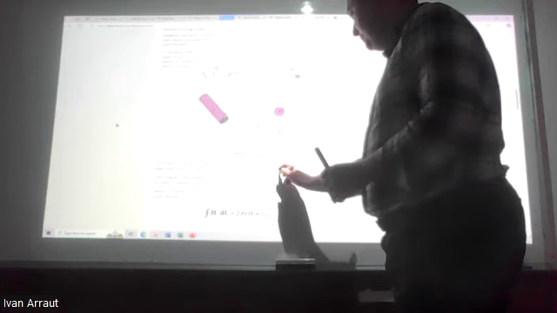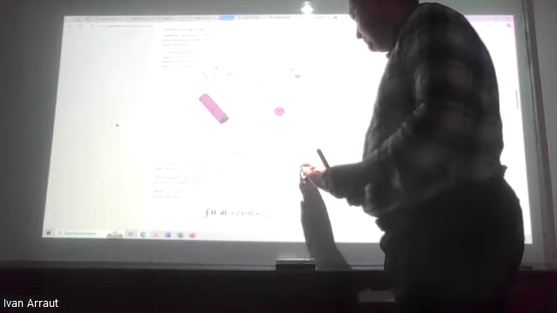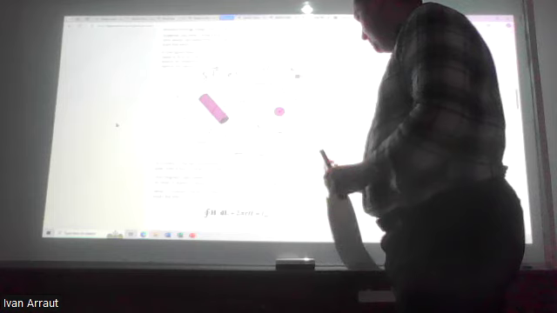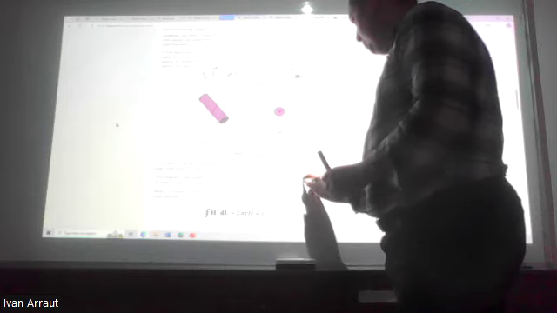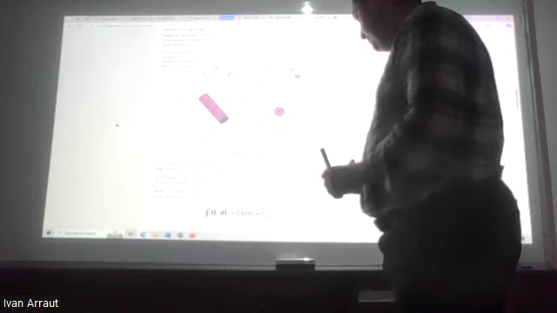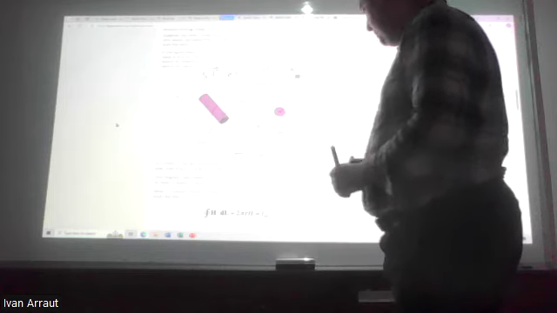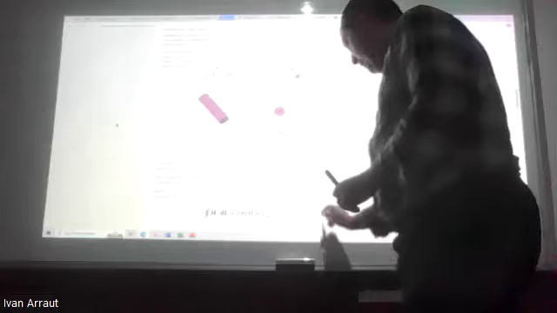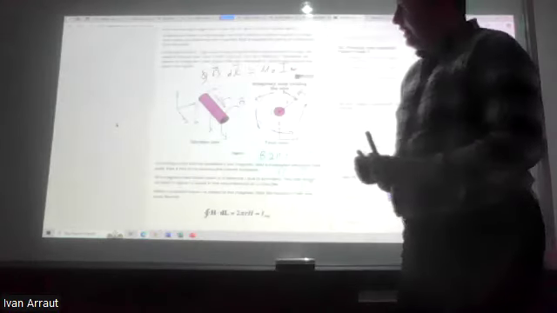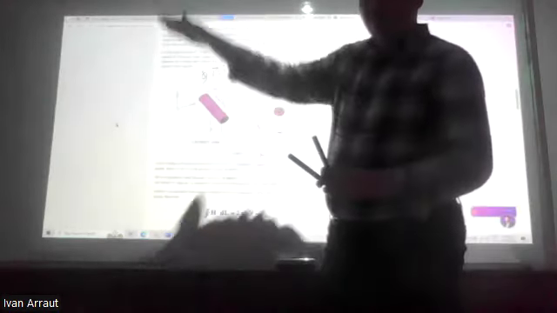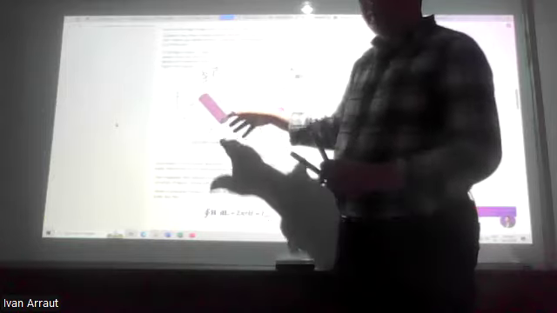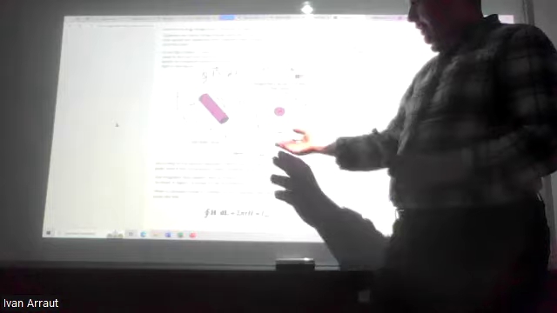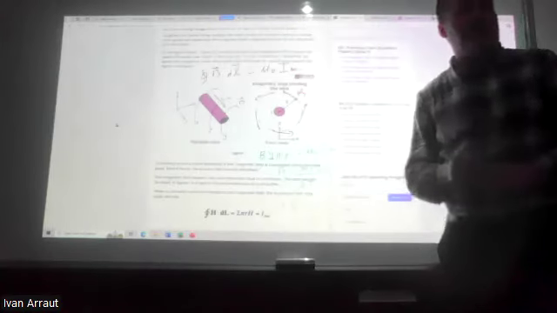And then at the end, the magnetic field is mu 0 I divided by 2 pi r. So it means that the magnetic field is proportional to the inverse of the radius. The farther I move from the cable, the smaller the magnetic field will be, and I can find it easily by using Ampere's law.